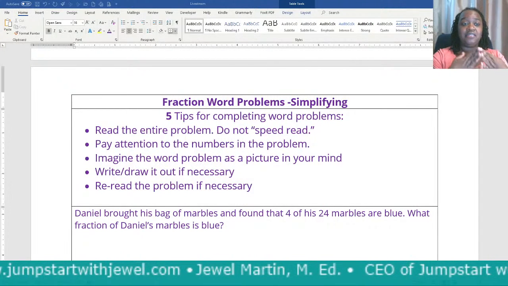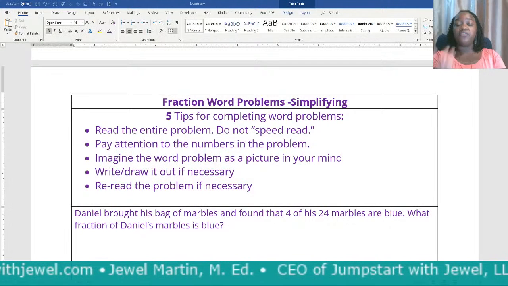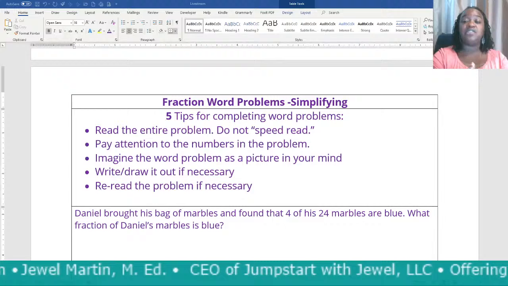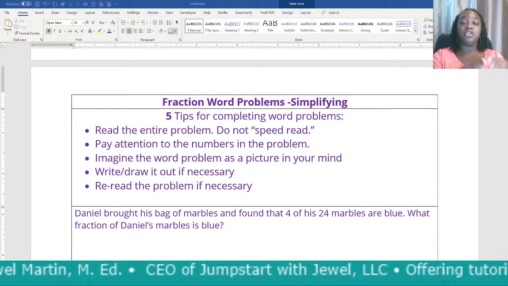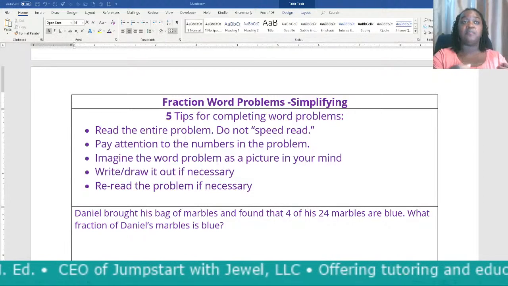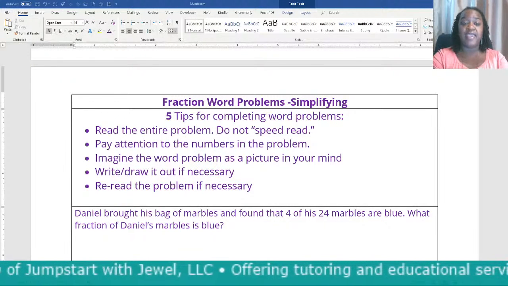The second tip is to pay attention to the numbers in the problem. Some people underline the numbers, some people circle them, they may highlight them. Pay attention to the numbers in the problem. Those are numbers that are there in numeric form as well as the numbers that are in written form, in word form. Pay attention to the numbers, okay?